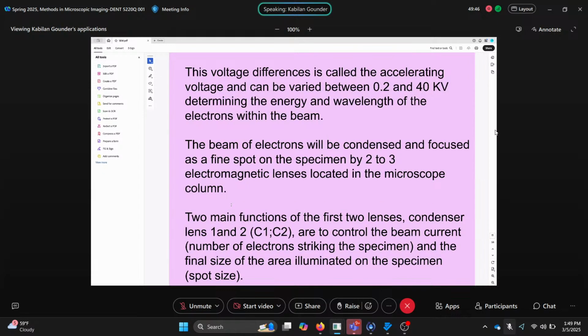From the voltage difference, we can calculate the accelerating voltage, which can be varied between 0.2 and 40 kV, which gives the electrons more energy. The beam of electrons will be condensed and focused as a fine spot on the specimen by 2 to 3 electromagnetic lenses located in the microscope column.